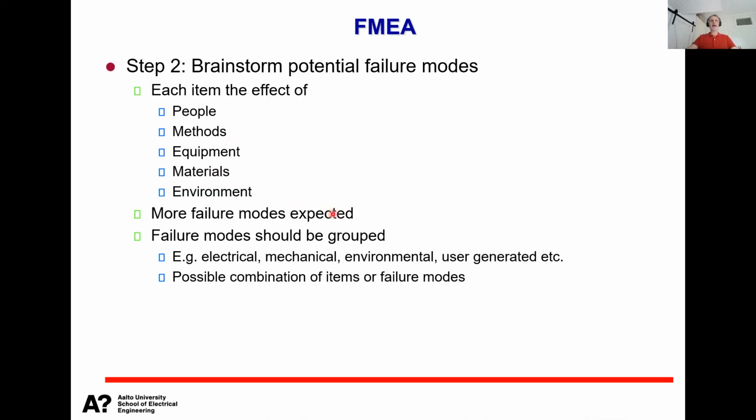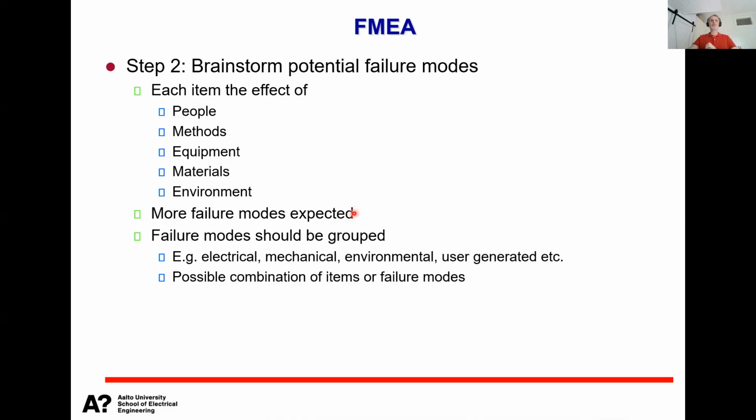And then let's say you have only 10 pieces on the table, so 10 components. For every component you consider different failure mechanisms and modes from these different viewpoints. So quite rapidly you can end up with, for example, 100 different failure mechanisms and let's say 50 different failure modes.